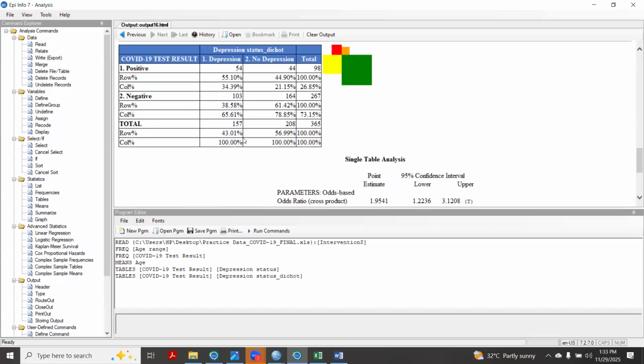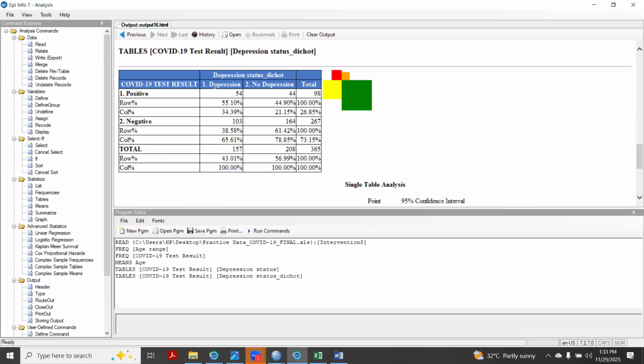Because you were not responsible for the exposure. You invited them to come for COVID-19 tests, but you didn't put them in an environment that made them susceptible to being positive for COVID-19. In a cross-sectional study, you are not responsible for the exposure. The exposure is in the environment.